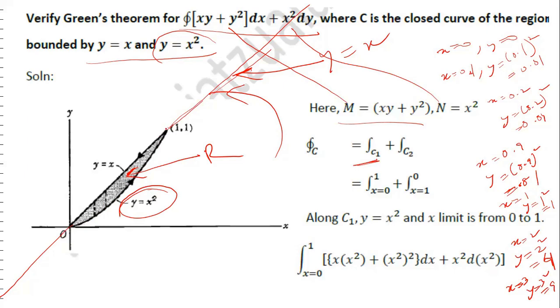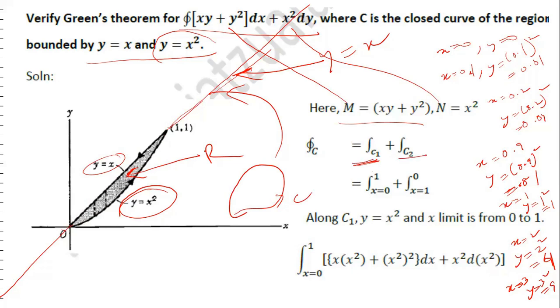And the other curve along which we have to integrate is from this point to this point, along the line y equal to x. So the complete loop integration, that is C here, can be divided into two segments, C1 from this to this, and another, C2.